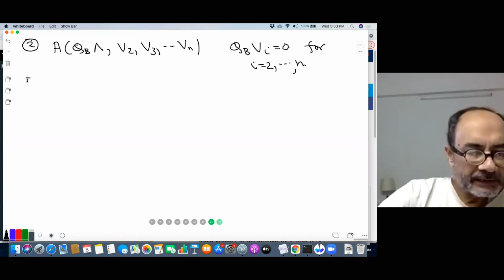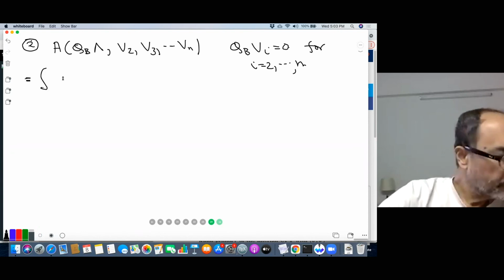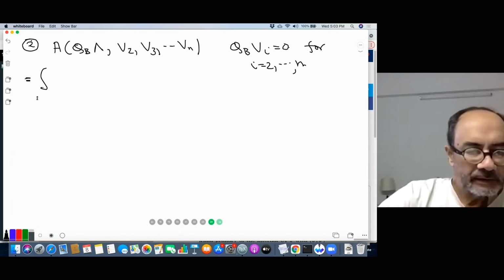So I can now write this as the integral over SGN of omega GN.